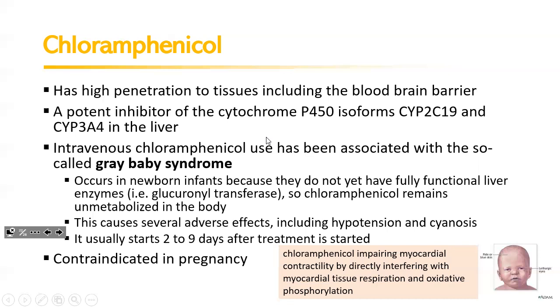So the patient will go into a cyanotic phase because the myocardium is not able to support blood, and that will give the baby the cyanotic or gray-appearing features. Definitely, it's contraindicated for use in pregnant females.